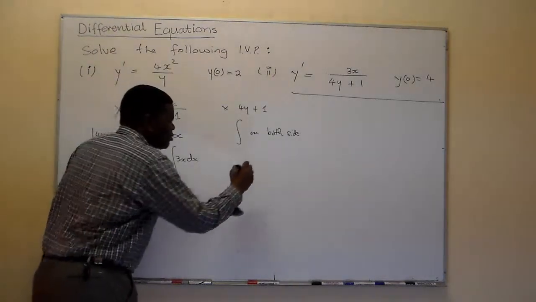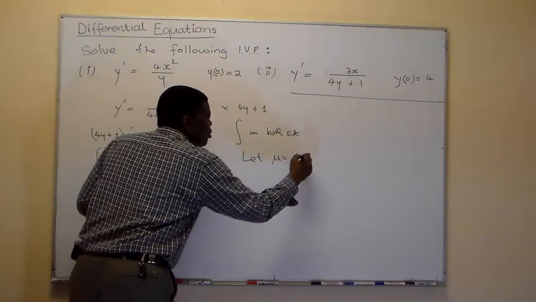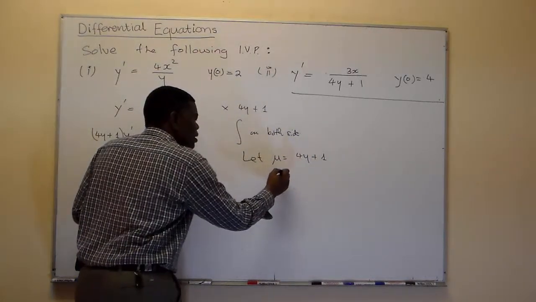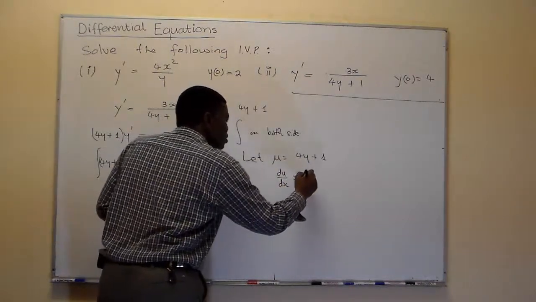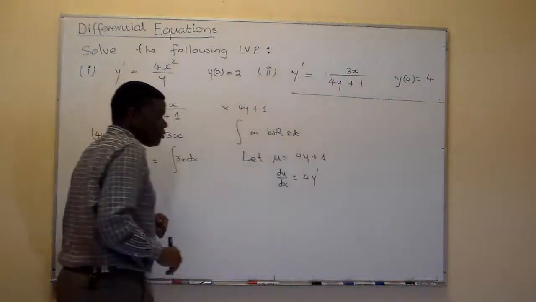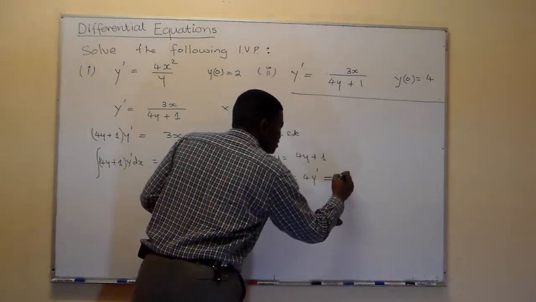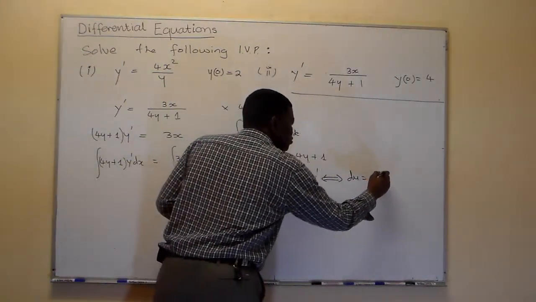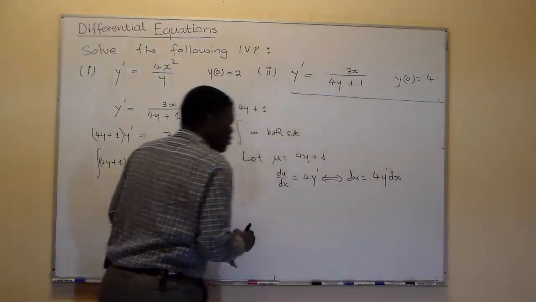Then we let our u be equal to 4y plus 1. Then our du/dx is equal to 4y prime, which is equivalent to saying our du is equal to 4y prime dx.